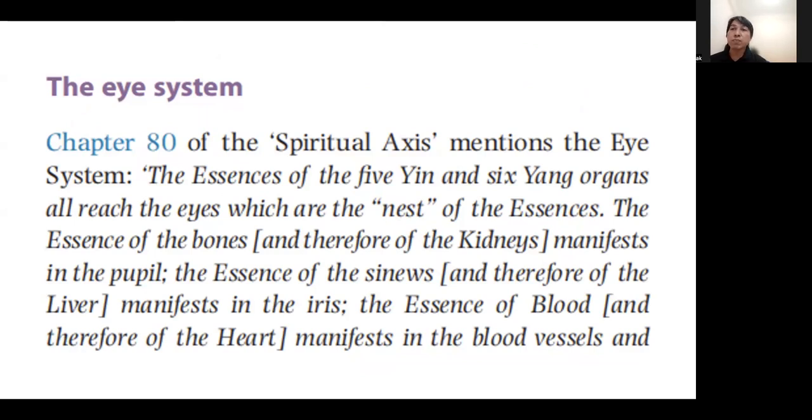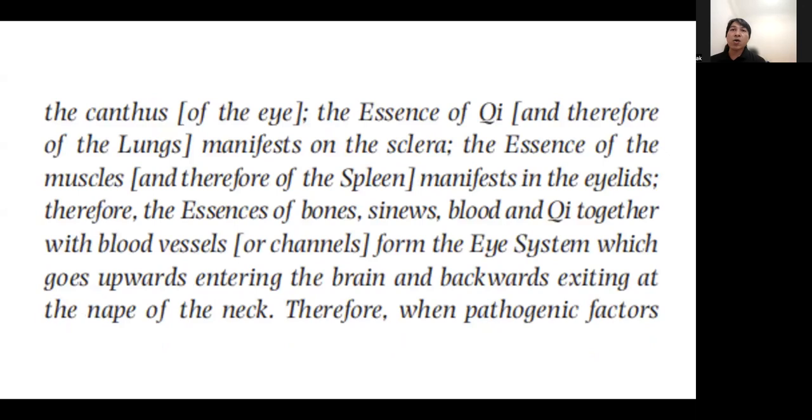The essence of the sinews, and therefore of the liver, manifests in the iris. The essence of blood, and therefore of the heart, manifests in the blood vessels and the canthus of the eye. The essence of the chi, and therefore of the lungs, manifests on the sclera. The essence of the muscles, and therefore of the spleen, manifests in the eyelids.